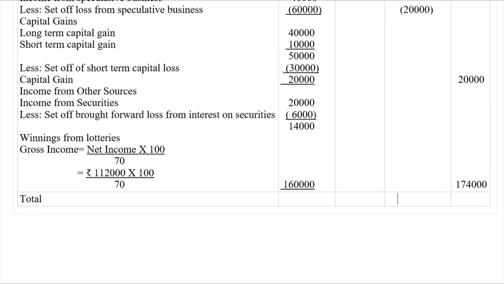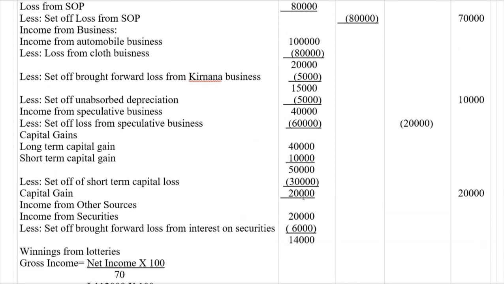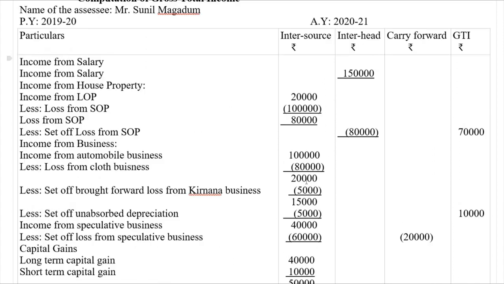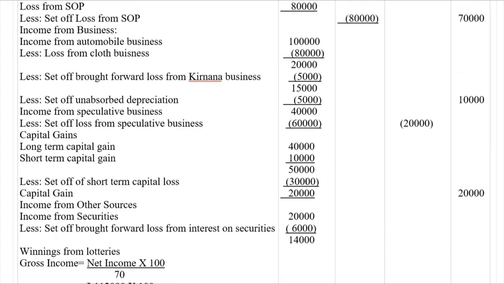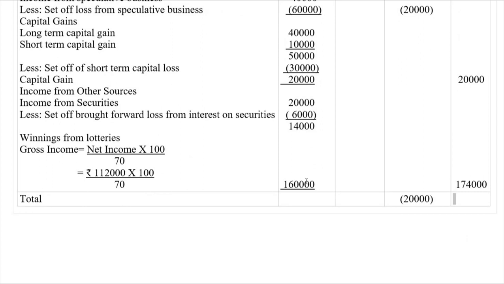Let me put it in brackets so that it indicates a loss here. Then now let's take the total here. 70,000 plus 10,000 is 80,000, 80,000 plus 1 lakh 74,000, so 2 lakh 74,000.